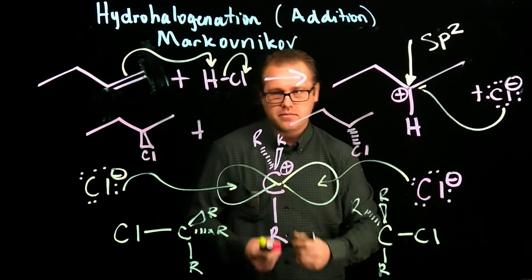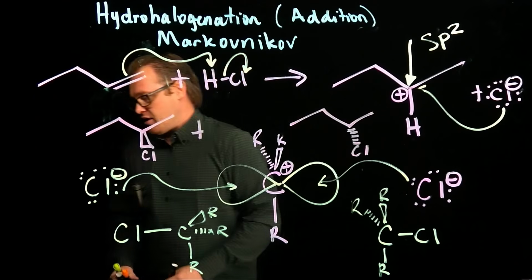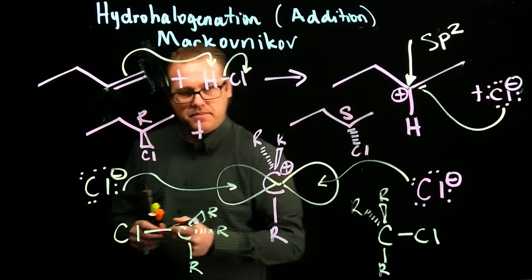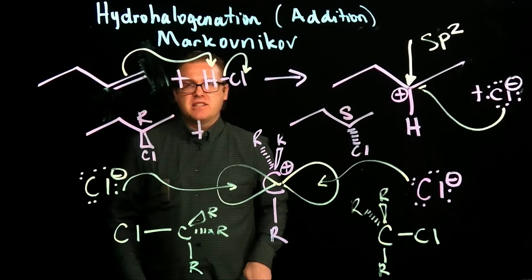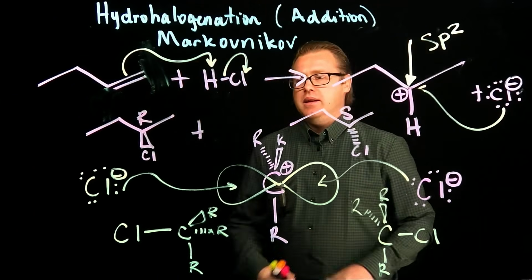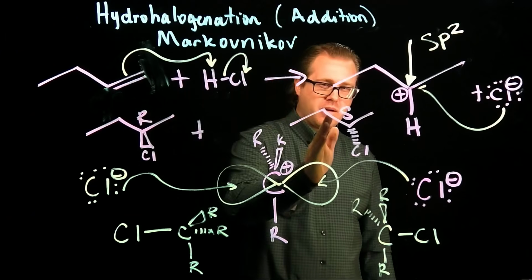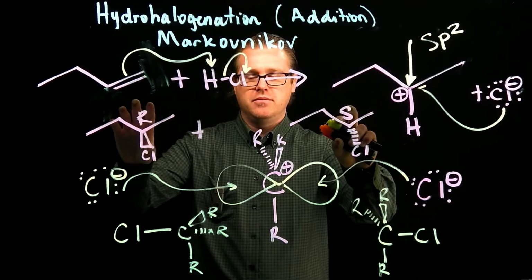Like that. So does that answer, so that would be what, an R configuration, and that would be an S? So now does the mechanism help us answer the question? Is this the product, or this the product, or is it a mixture of the two?